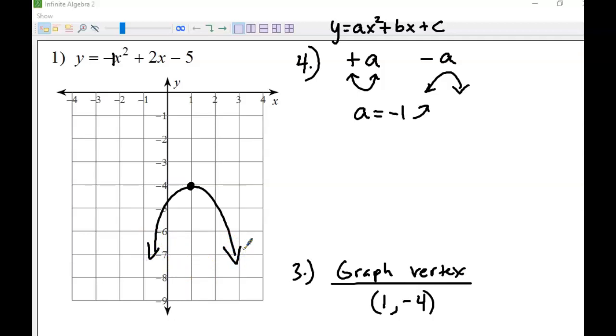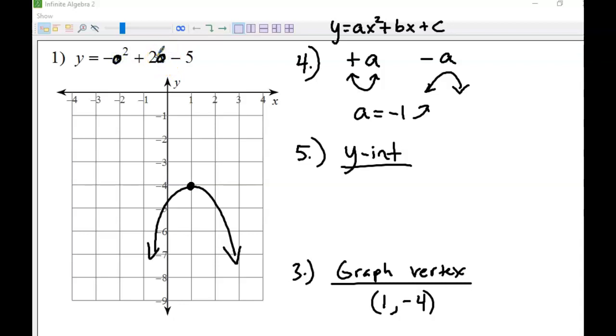Now, something else you can do, although it's not 100% necessary, but it might help on a multiple choice test just to kind of narrow some options down, is to remember what your y-intercept is as well. A y-intercept is what you get when you plug your 0 in for x and find out what y equals.